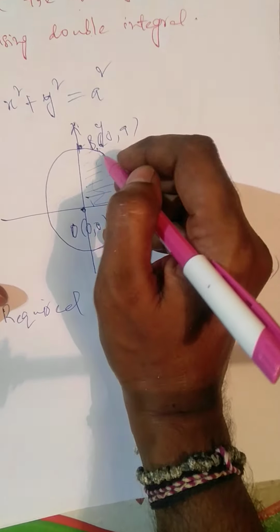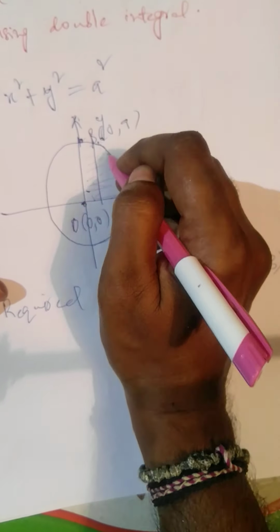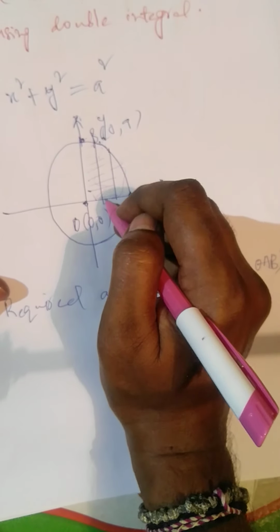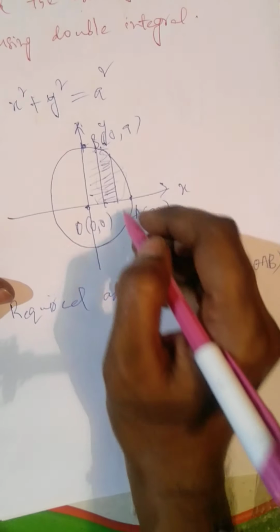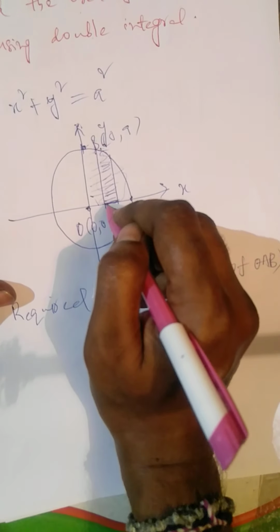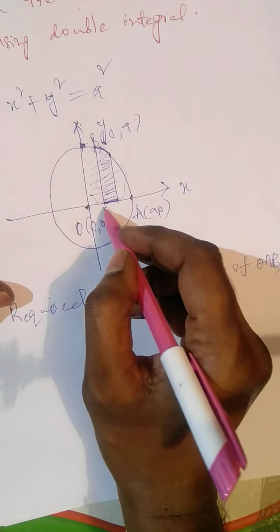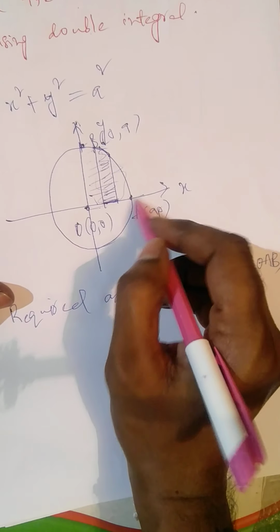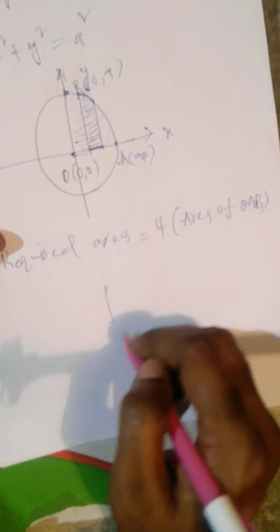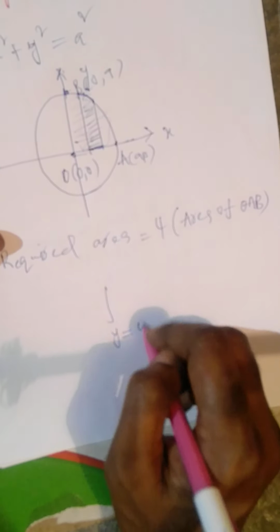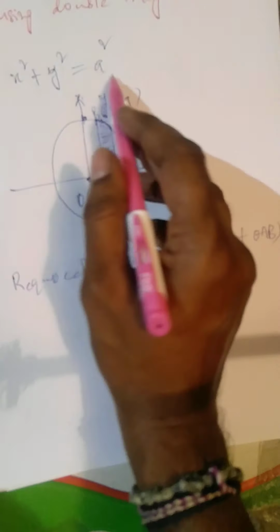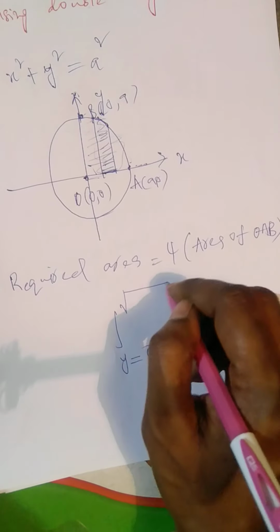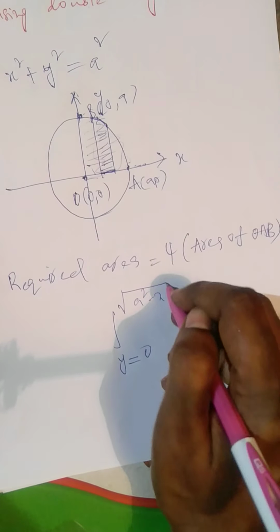Here I'm taking a vertical strip, which is parallel to the y-axis. This is my strip. First I'm taking y limits: this is the lower limit, this is the upper limit. The lower limit is on the x-axis, that is y equals 0, and the upper limit is on the circle. Making y the subject, x square plus y square equals a square gives y equals square root of a square minus x square.